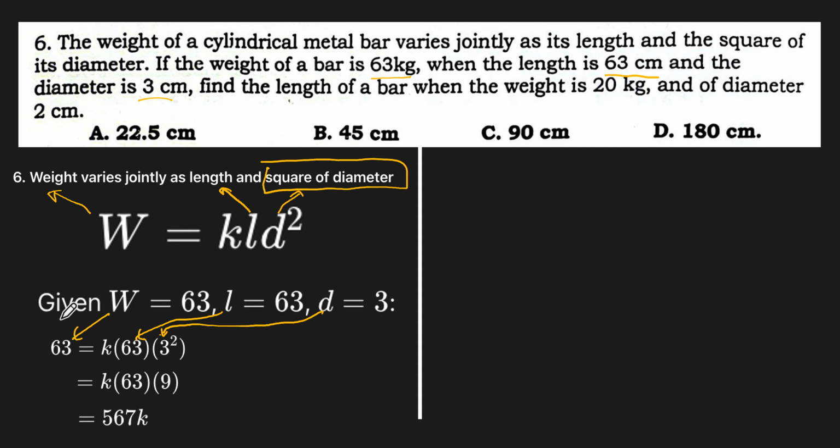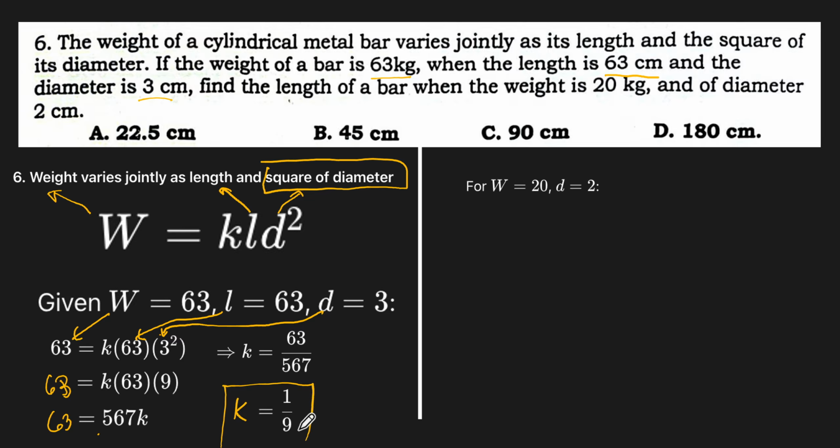And then 63, you can write it here, of course, the 63 as well. And then dividing both sides by 567 for us to find the k. So 63 over 567 can be reduced to the lowest term, 1 over 9. So our k here is 1 over 9.